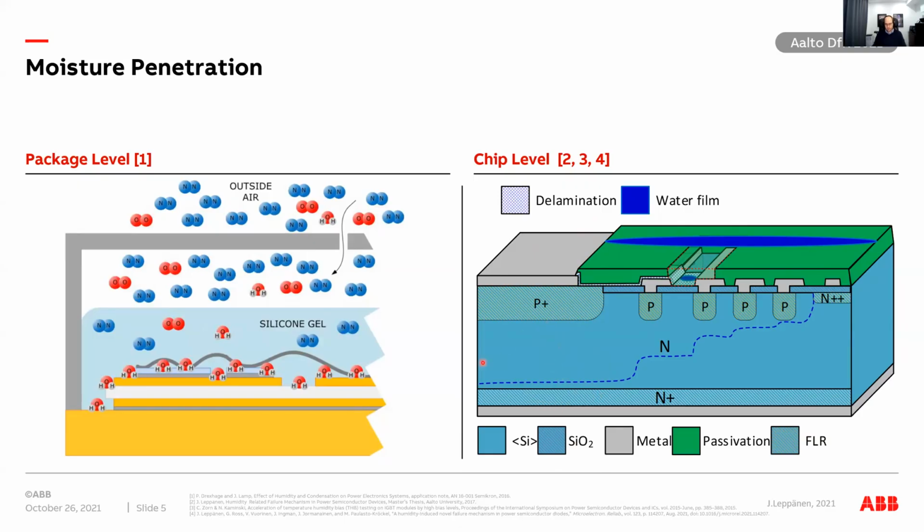Because this is a power semiconductor, typically we have a field stop N plus type region on the bottom electrode. So the current passes through the chip. I have not highlighted the whole chip, so this is only a really small area of the active area. I'm now concentrating primarily on this edge region.